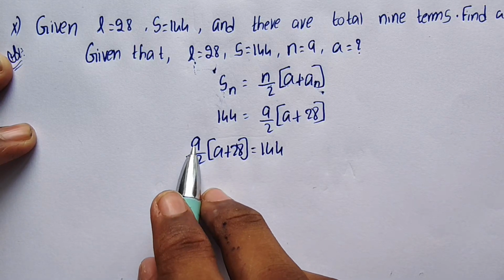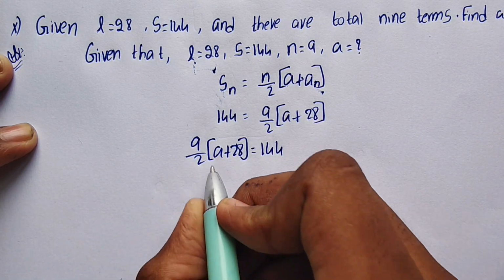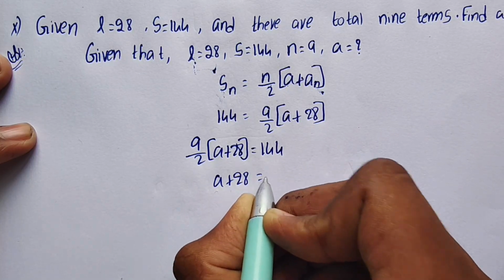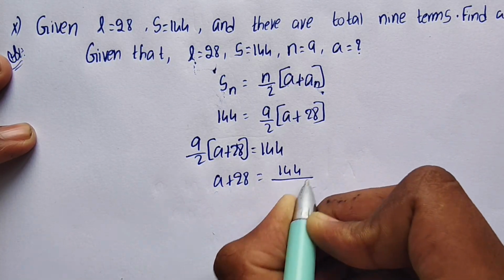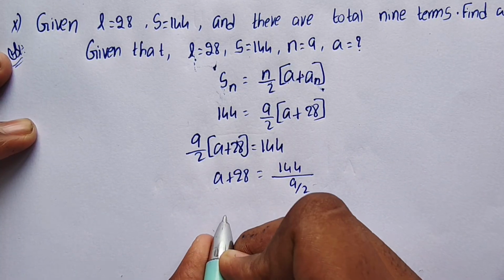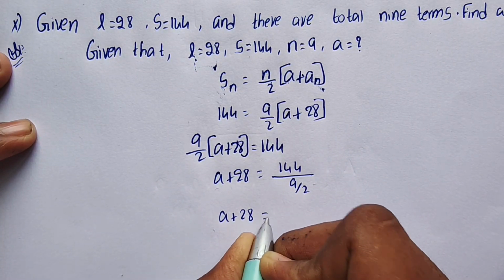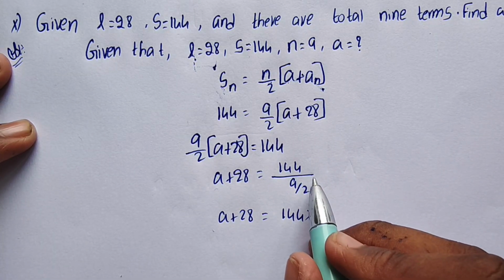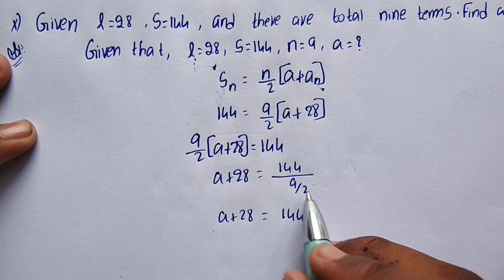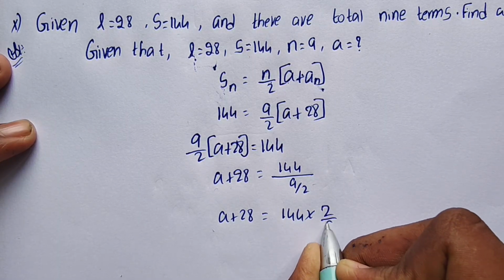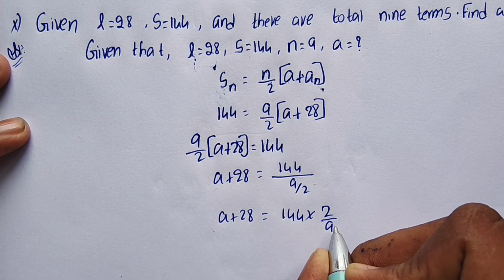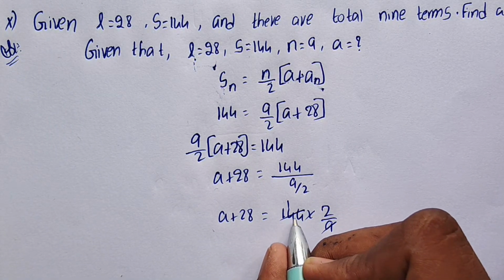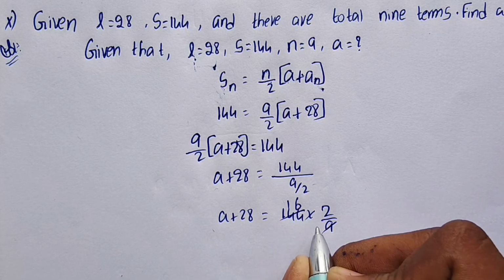Now I am going to transpose the 9 by 2 to the right side, then it divides the 144. So a plus 28 equals 144 by 9 by 2. So a plus 28 equals 144 into 2 by 9, the reciprocal of 9 by 2. 9 ones are 9, it remains 54, 9 sixes are 54.